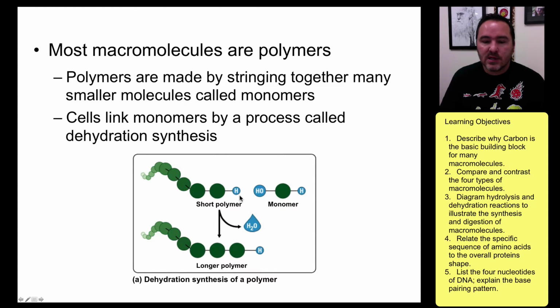And this is because on one of the shorter polymer here, we're actually going to take a hydrogen, and from the monomer we're going to take the OH, and O and 2 H's is water, and so what we're doing is we're getting water out and then building this larger. So dehydration, to dehydrate, to take water out; synthesis, to make larger.